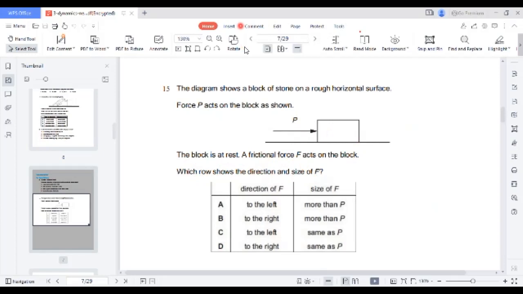Now it is well understood that the direction of friction force is always against the motion. The applied force P will try to move the object in the rightward direction, and the friction force will always oppose the direction of motion, so that would be in the reverse direction.